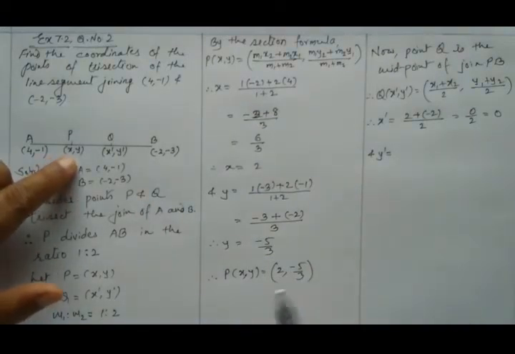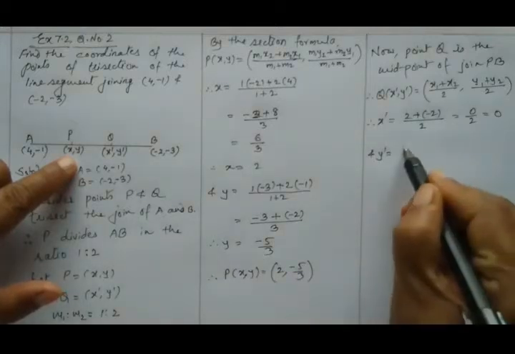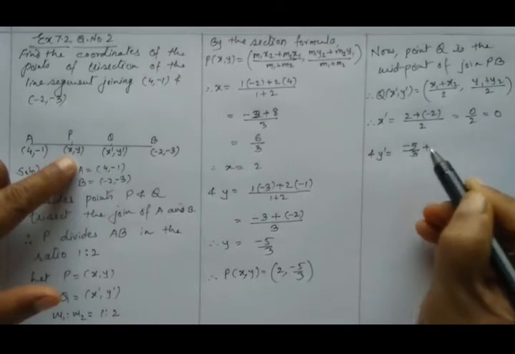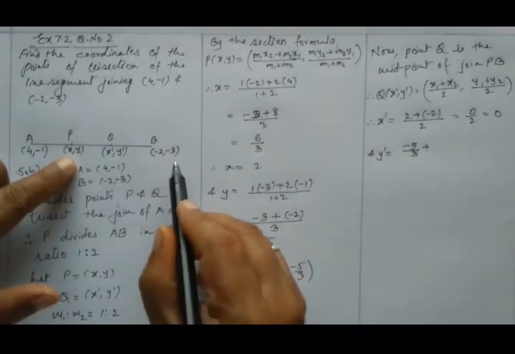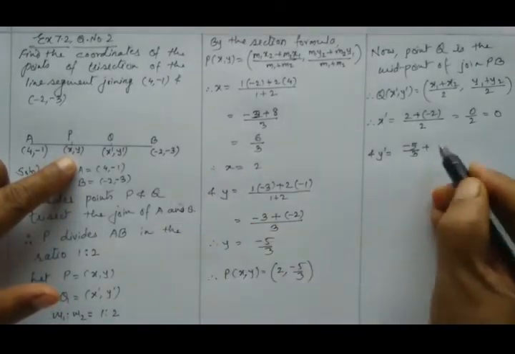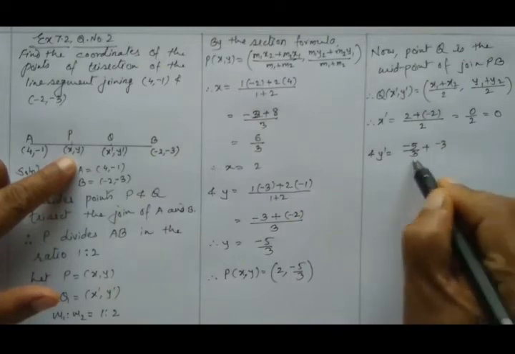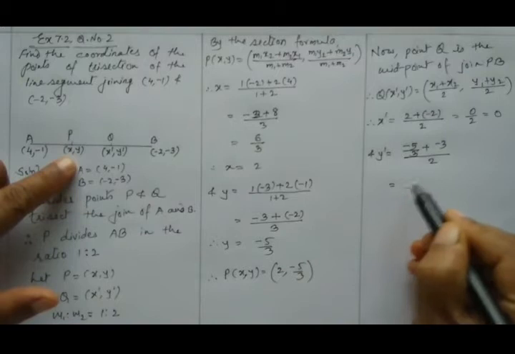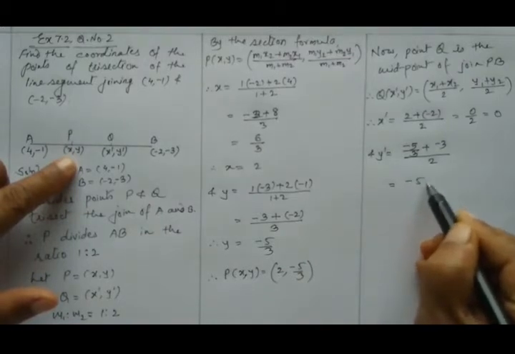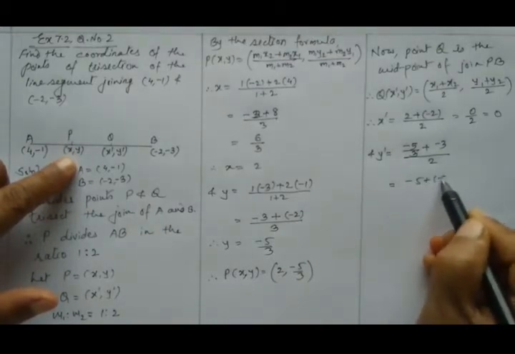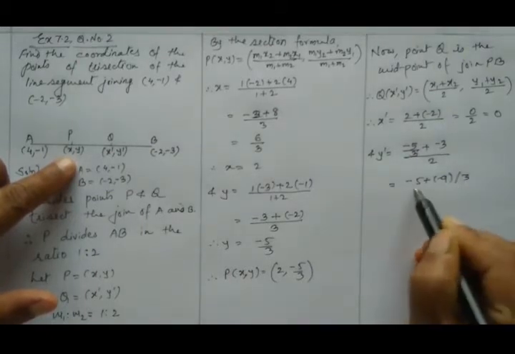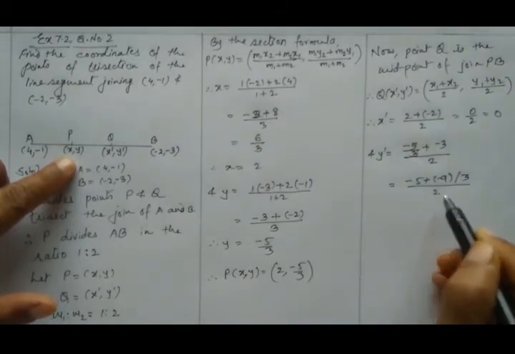Okay, so y coordinate is -5/3 plus y2. What is y2? y2 is -3, so -3 whole upon 2. So if you simplify this, this is -5 plus -9 whole upon 3 divided by 2.